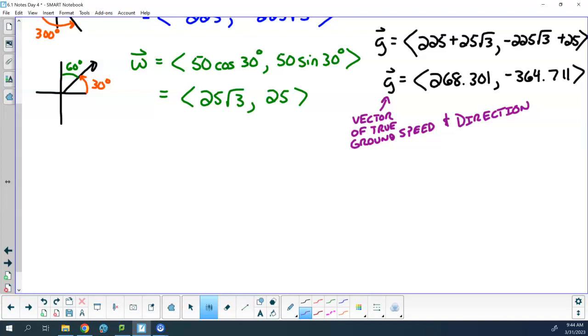We'll do ground speed first. How do I find the actual ground speed of this plane flying from the United States back home to Germany? Got to find the magnitude of G. So the magnitude of G is going to be the square root of x squared plus y squared.